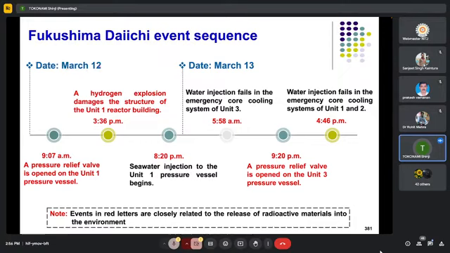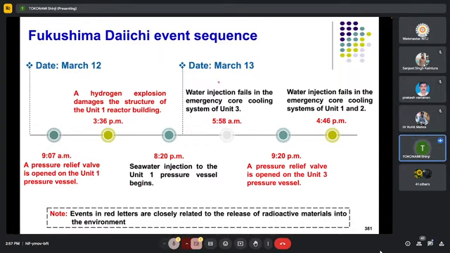March 12. At 9:07 a.m., a pressure relief valve is opened on the Unit 1 pressure vessel. At 3:36 p.m., a hydrogen explosion damages the structure of the Unit 1 reactor building. At 8:20 p.m., seawater injection to the Unit 1 pressure vessel begins.